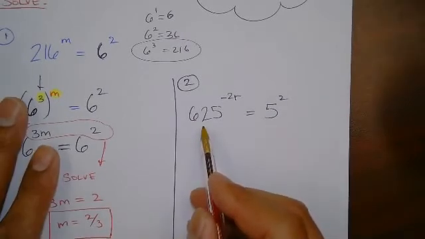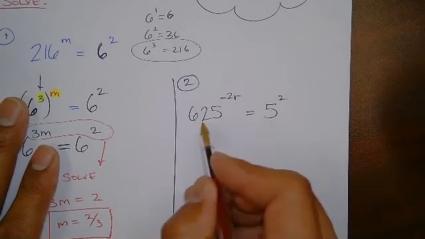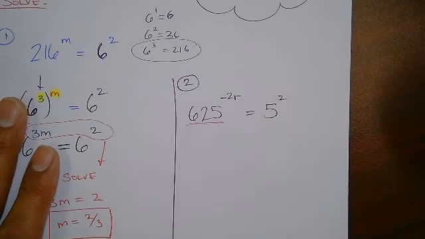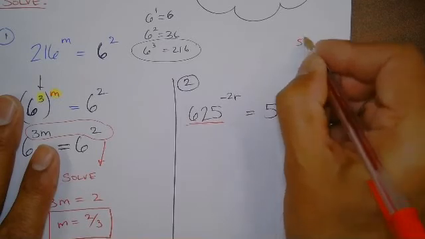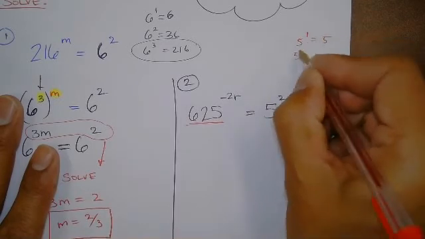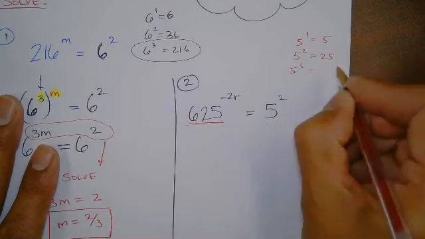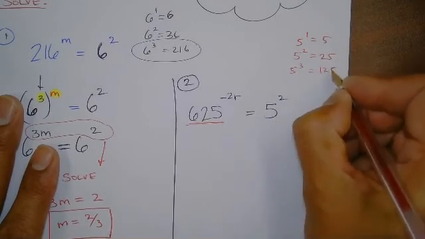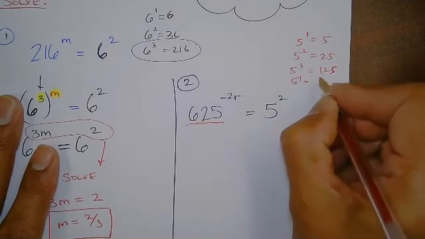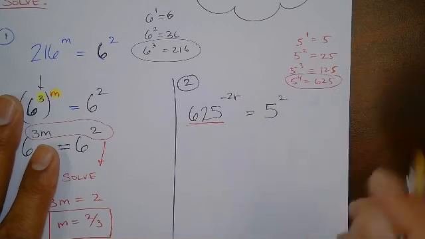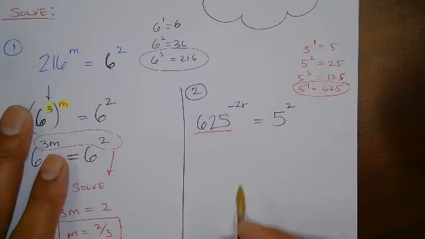Well, is 625 a number that can be written with a base of 5? The answer is yes. 5 to the power of 1 is 5. 5 to the power of 2 is 25. 5 to the power of 3 is 125. 5 to the power of 4 is 625.